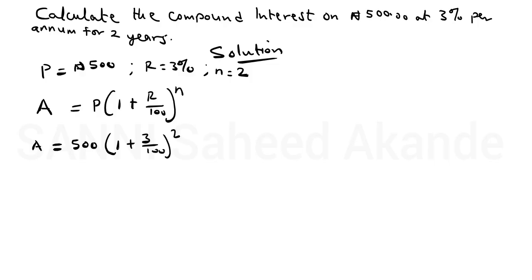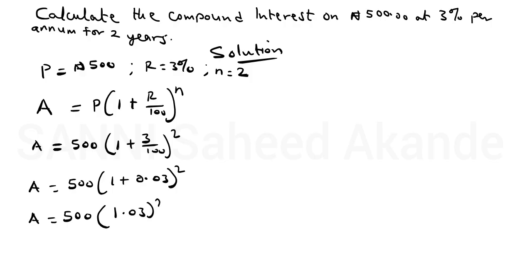So A is equal to 500, 1 plus 3 divided by 100 will give us 0.03 raised to power 2. So A will be equal to 500, then 1 plus 0.03 will give us 1.03 all squared.